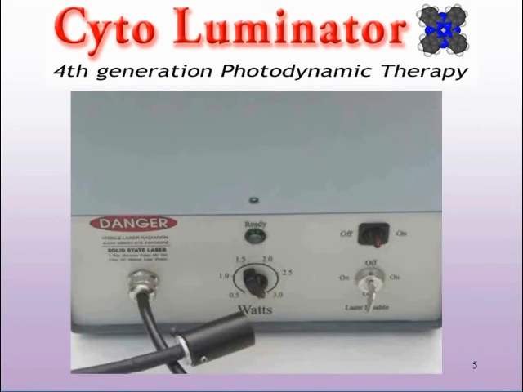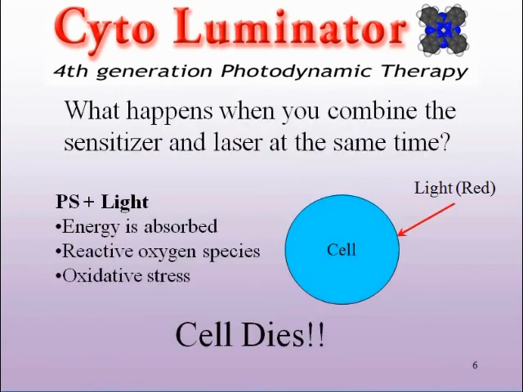So, what happens when you combine the two? Well, that's where it gets very interesting. When the sensitizer is hit by the exact right wavelength of light, it absorbs energy and it converts the oxygen that's in that area into a reactive oxygen, very, very toxic.